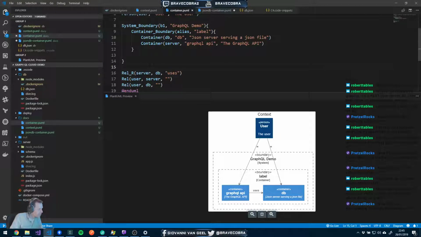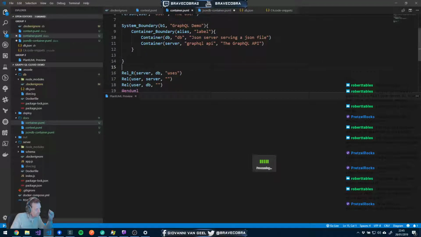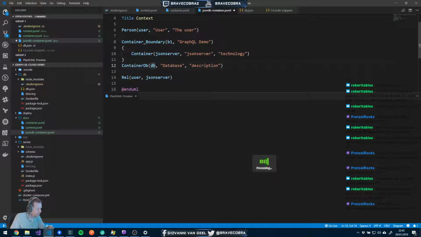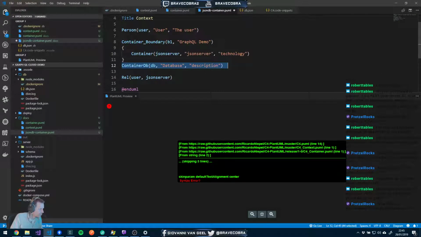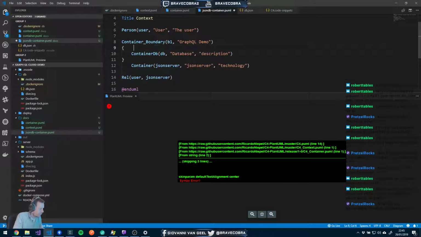Okay, let's see what we have then. So JSON DB, which is the right part of that one, is not what we're describing here. It's basically the other way around.